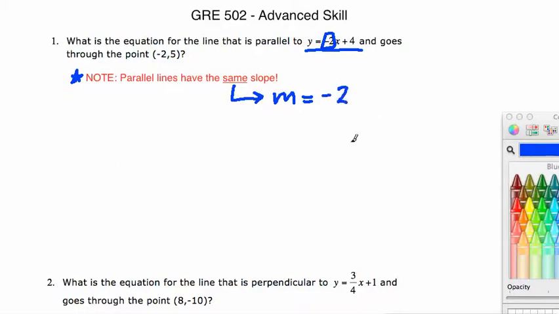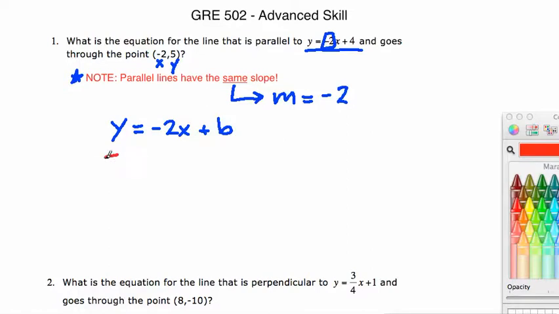All right? So if we're going to put the bare bones of our equation right here, it's just going to be y equals -2x plus b. We don't know what b is yet. And this is where the point comes in. We're going to take our point and we're going to plug in our x and our y in for x and y.